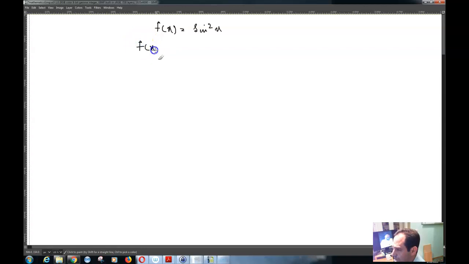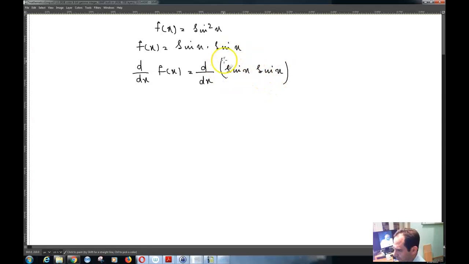You can write your f of x is equal to sine x times sine x, and so then d by dx of f of x would be equal to d by dx of sine x times sine x, and then you have to take the derivative of the first function, which is sine x prime times sine x.